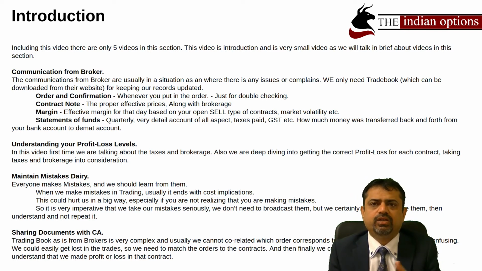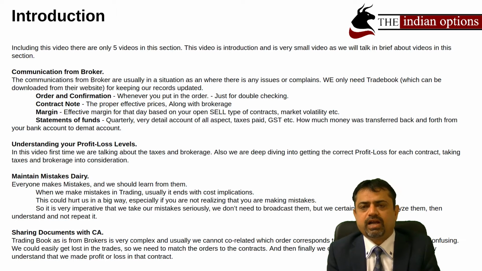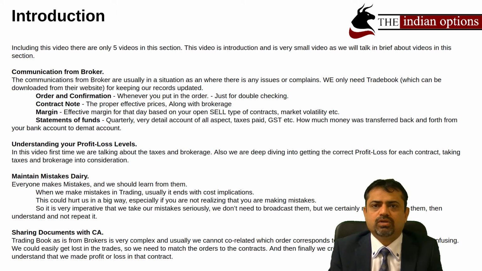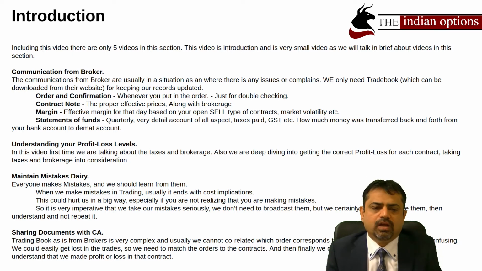You are supposed to get back to the broker if there is any misinformation in that, or something that is not matching with your idea. You have to identify that and immediately tell the broker so they can take necessary steps.